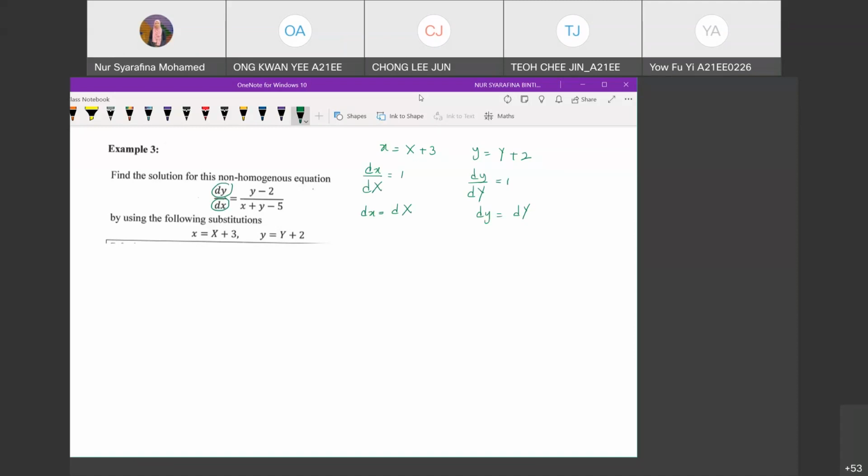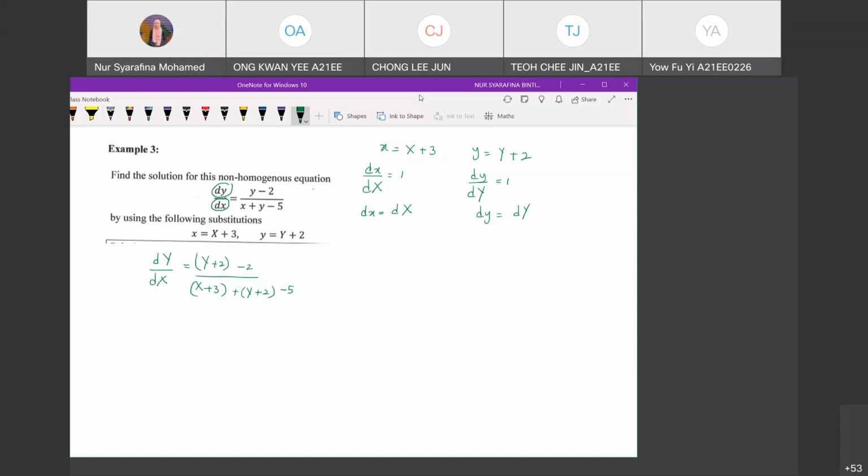Your y is Y plus 2 minus 5, your x is X plus 3, which becomes dY over dX equals (Y plus 2 plus ...) over (X plus 3 plus 2 minus X plus Y). So this is homogeneous. So from this non-homogeneous equation, by using the substitutions, we are now reduced to a homogeneous equation.